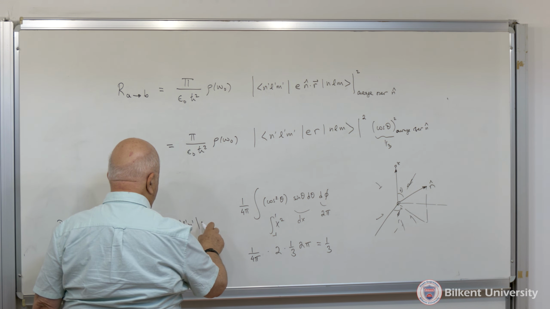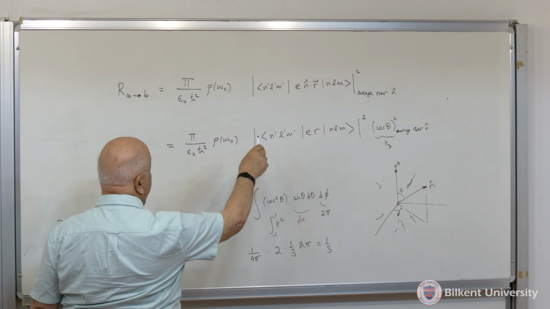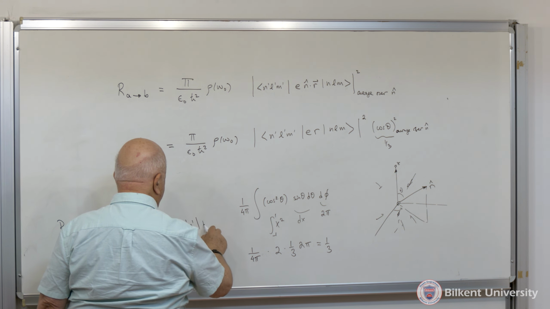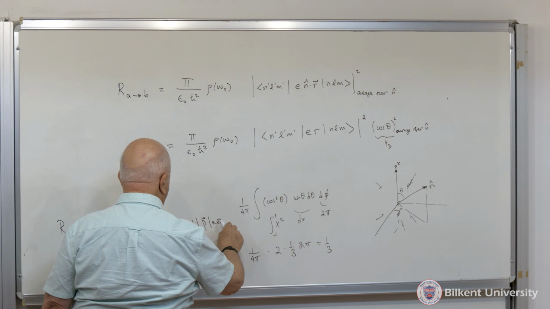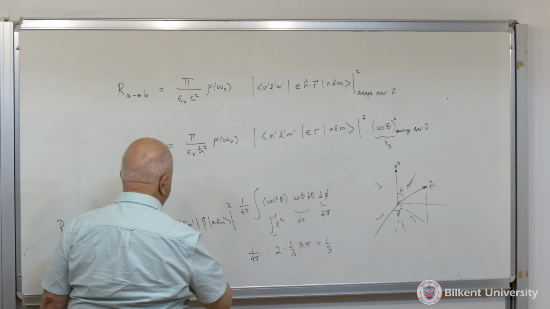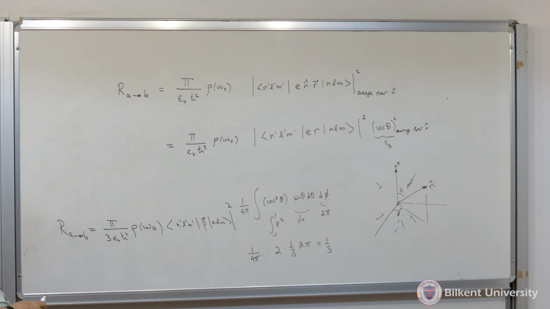I have to write this as e r, but let me write this as the magnitude squared of r between n prime, l prime, m prime and n, l, m.